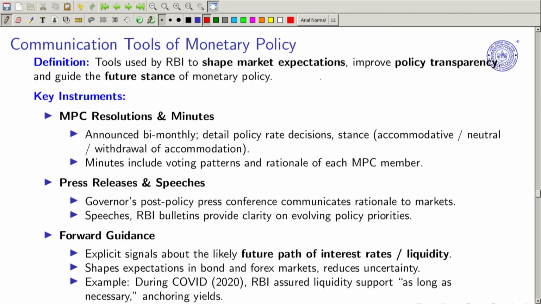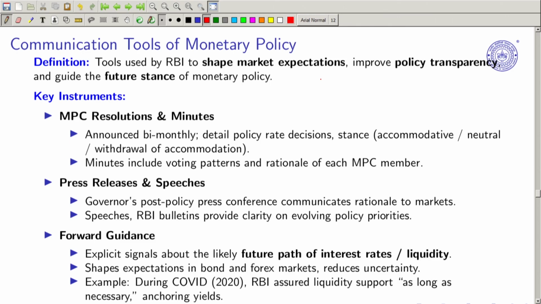So the key instrument for the communication tool of the monetary policy is the MPC resolution that we talk about. So here we have the Monetary Policy Committee resolution.